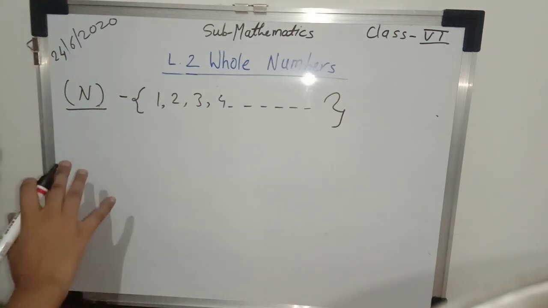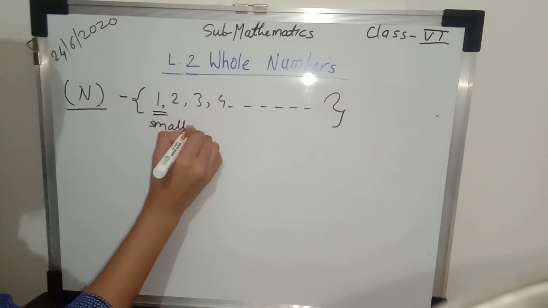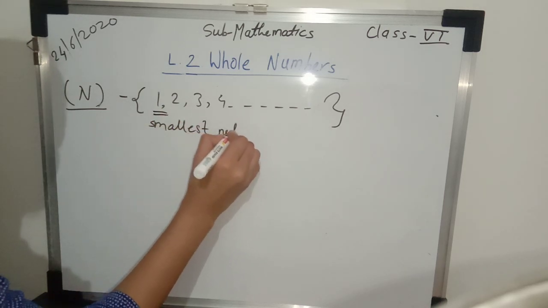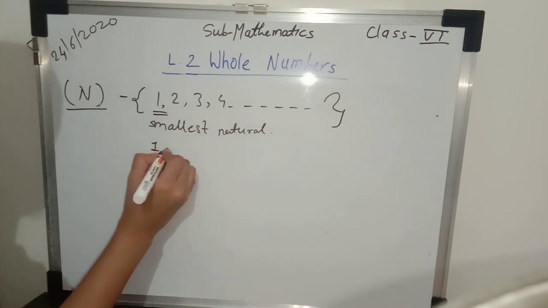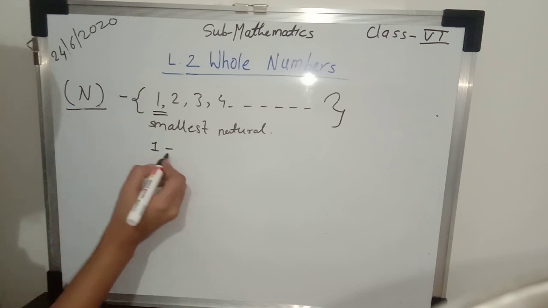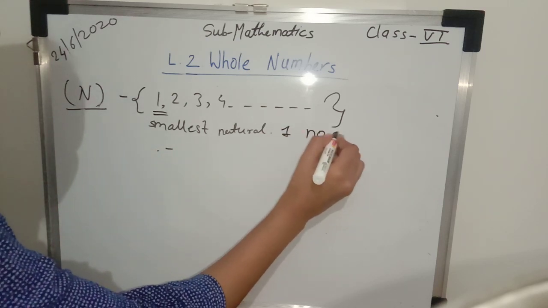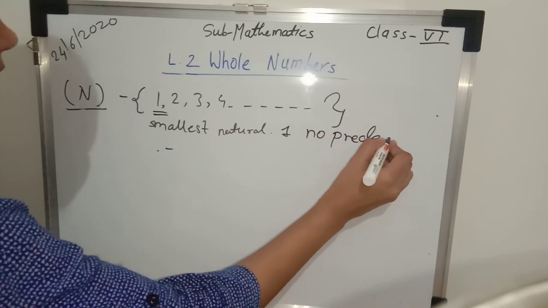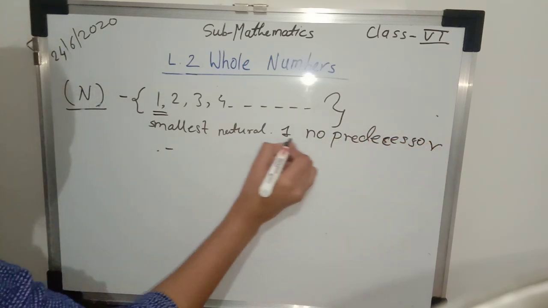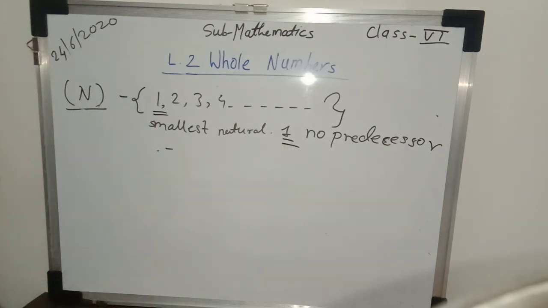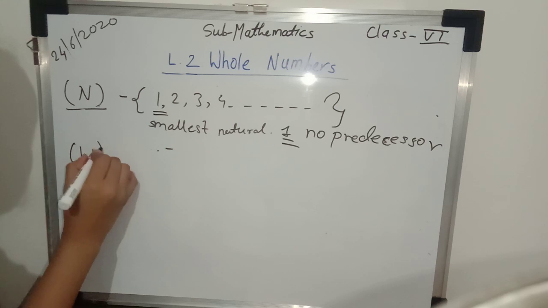So 1 is the smallest natural number, and for natural number 1 there is no predecessor.